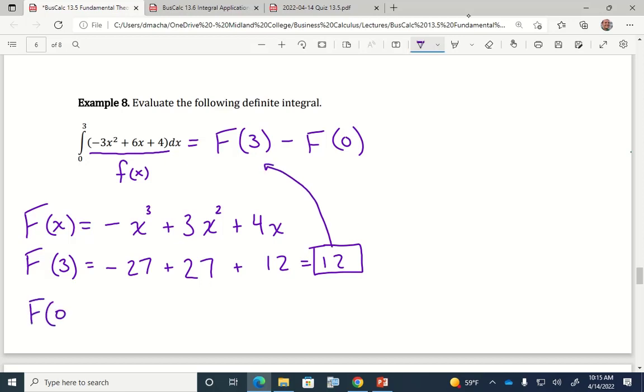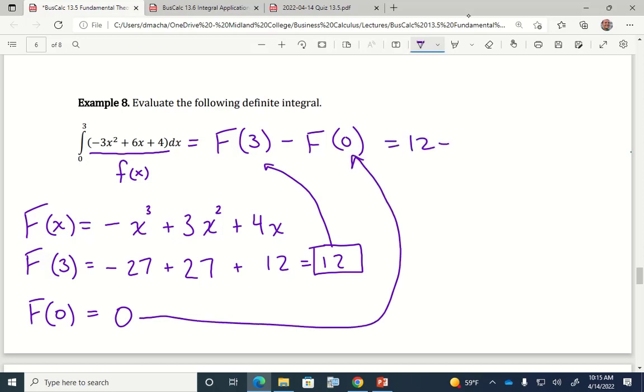Then if I plug in x equals 0, this would be negative 0 cubed plus 3 times 0 squared plus 4 times 0. So that is 0. So then I have 12 minus 0. So this definite integral evaluates as 12.